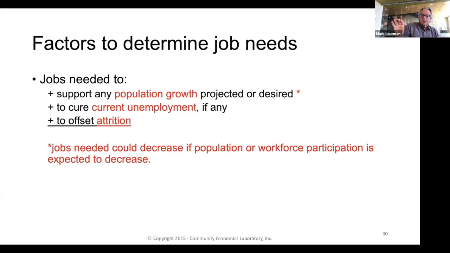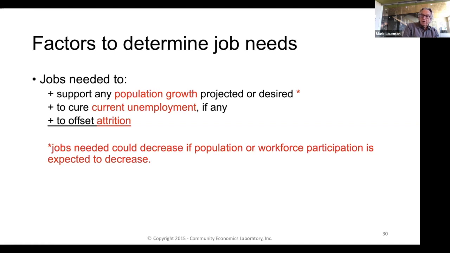And then the last question or factor is, how many jobs are you going to lose over the planning period? And nobody ever asks this question. It's the elephant in the room in a recession like this, where it's driven by a collapse of your service sector. So how many jobs have we lost, or how many are we going to lose over the planning period?